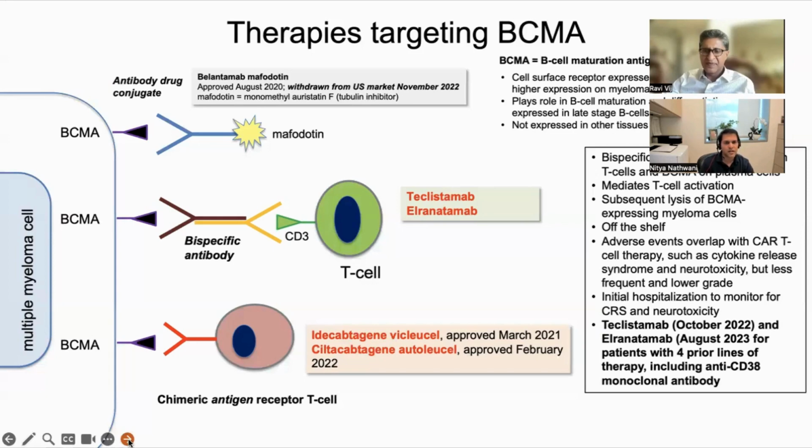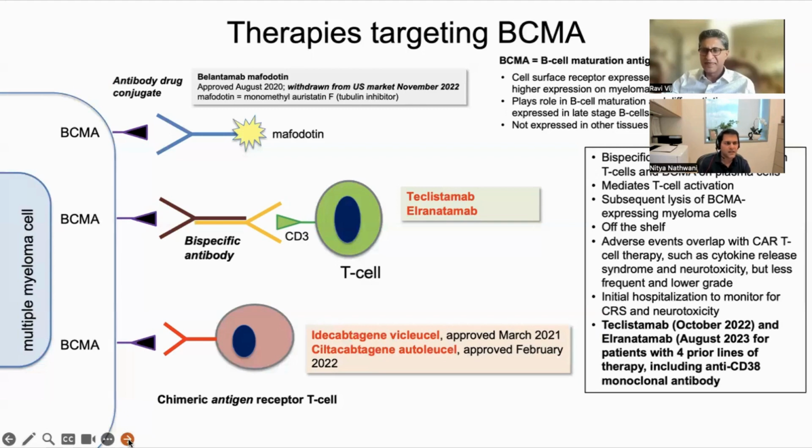And here we're infusing a living therapy. So the CAR T cells that are now armed with this antibody on the surface can find and recognize a myeloma cell. And these cells can actually divide in the body and reproduce and create more of themselves.